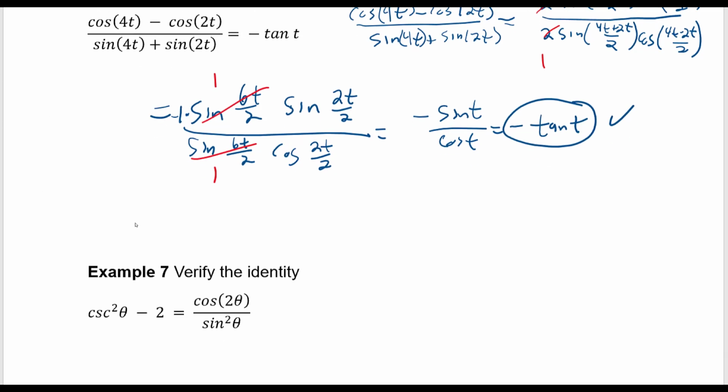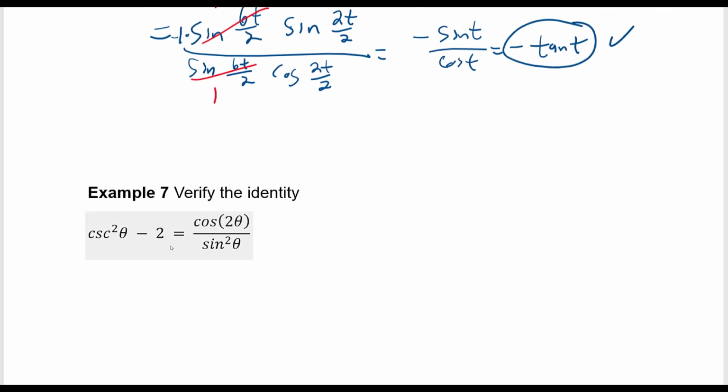Our last one, verify the identity: cosecant squared theta minus 2 is cosine 2 theta over sine squared theta. So let's start with cosine of 2 theta over sine squared theta.